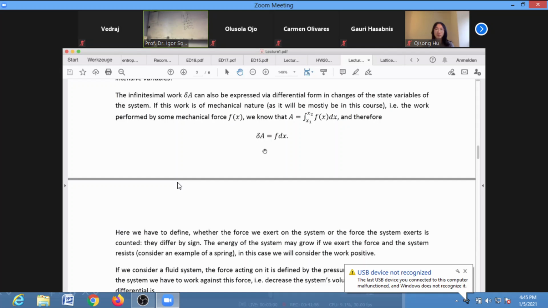So here I have one of the masks I have in my office, and this is a spring or a piece of rubber. If I act on this piece of rubber, pulling it, the force is acting in this direction. It's positive. The displacement is positive if we imagine that the x-axis is showing in the direction of my finger. My grandmother taught me that it's not nice to show on something with a finger, but I'm too lazy to draw the axis. So now this is a positive work.